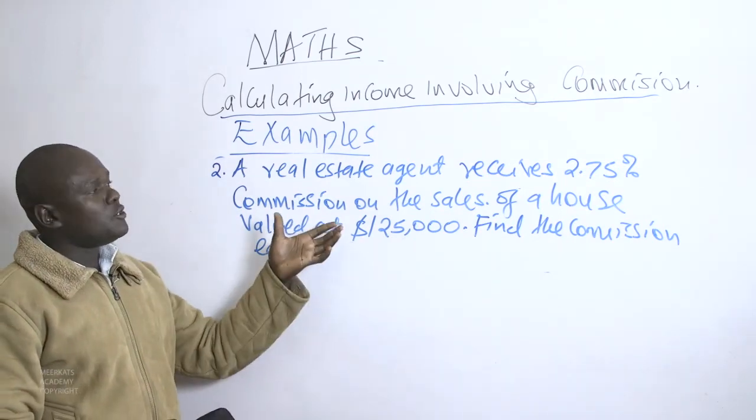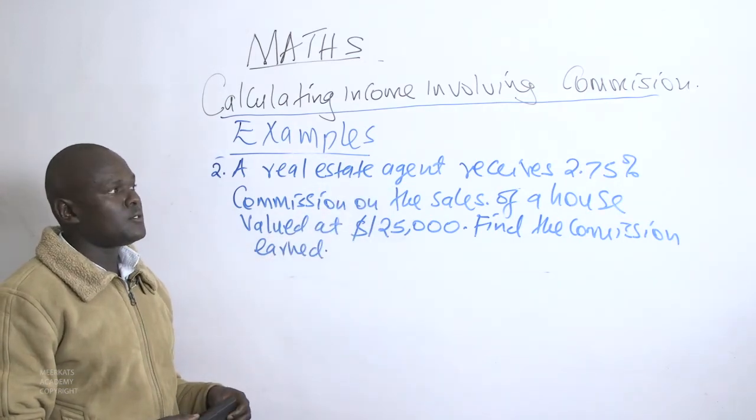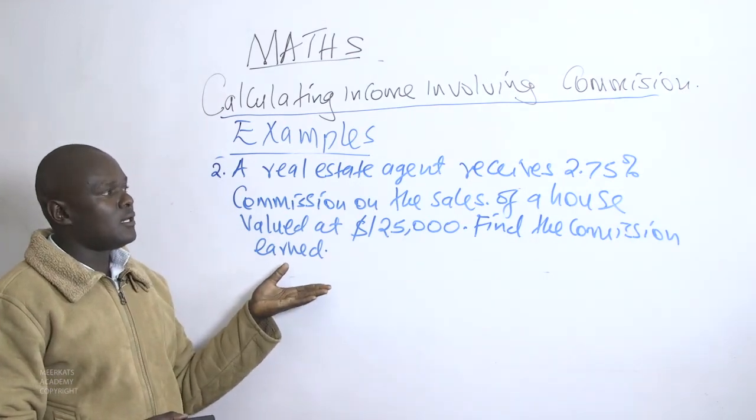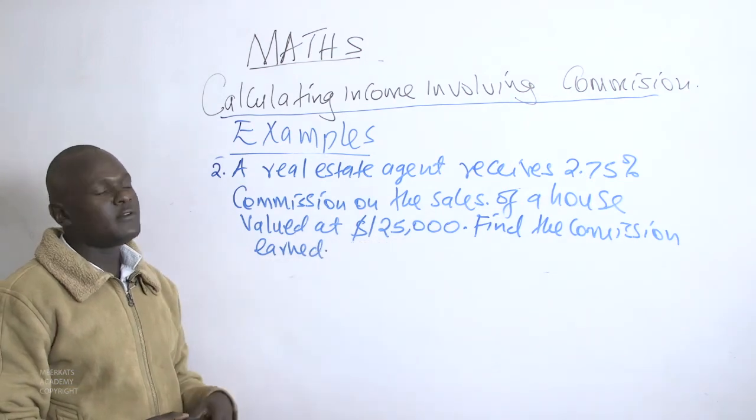And the commission, we've been told, is 2.75% of the total sales. And the total sales is the value of this particular house. This house is valued at $125,000.